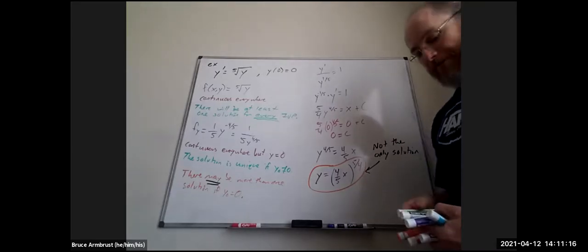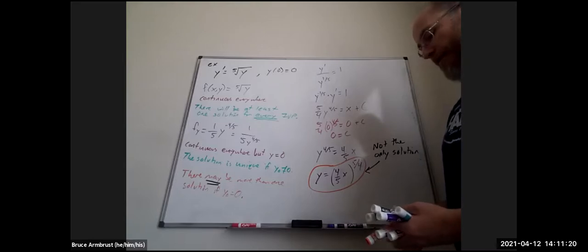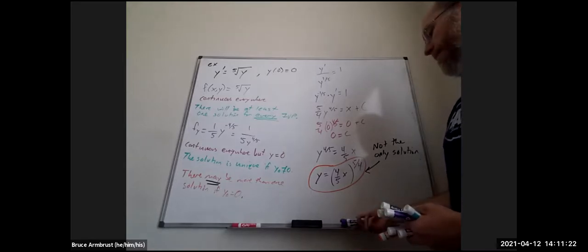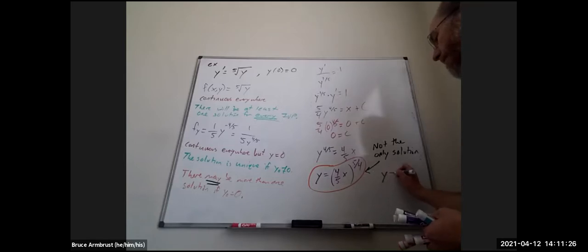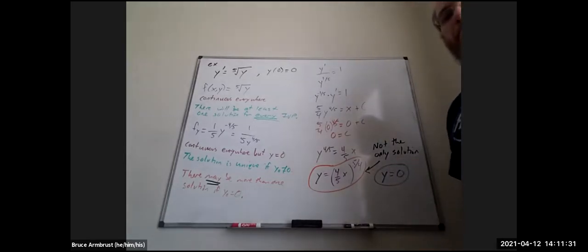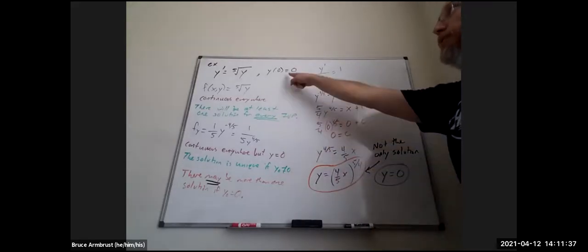You ready for another? Really easy. How about y equals 0? Think of that, that's just the horizontal line y equals 0. Does it go through this point?